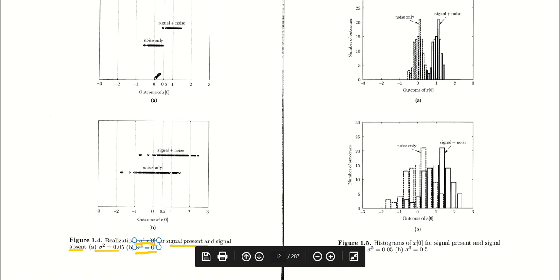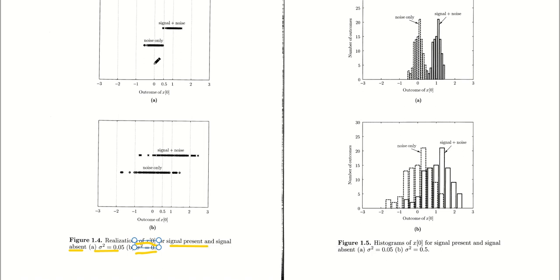Supposedly it's 0 in the middle, but since it has a standard deviation sigma and variance sigma square, each time you realize it, it deviates a little bit, this way or that way, depending on randomness.